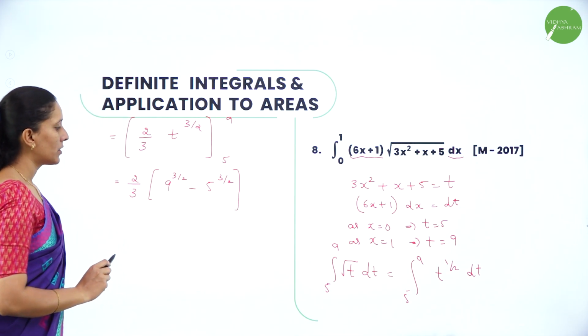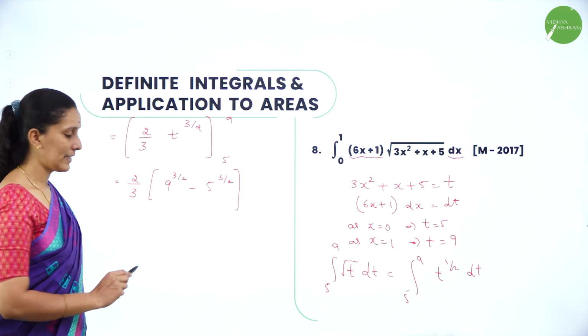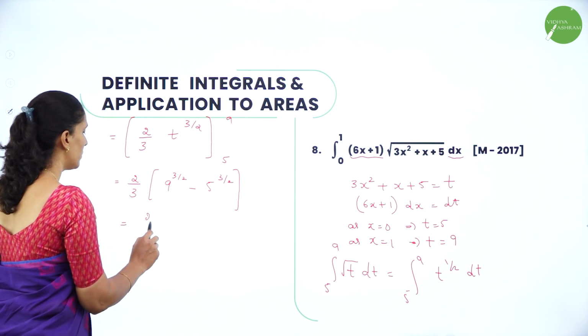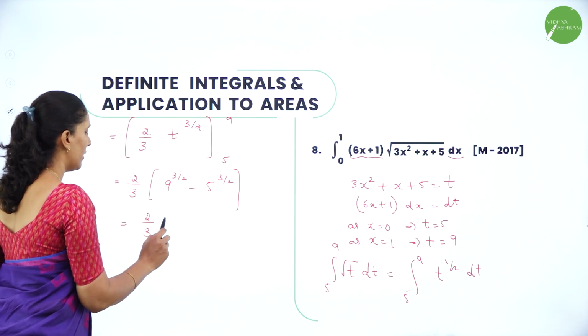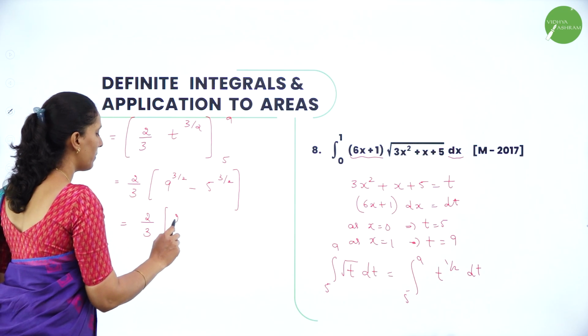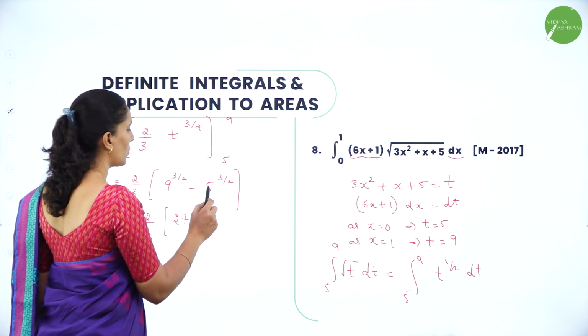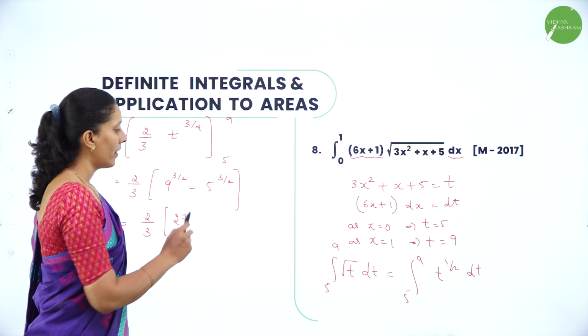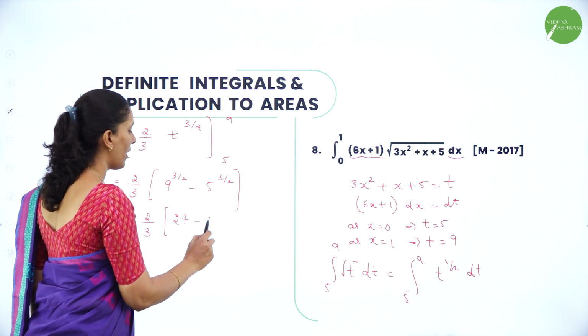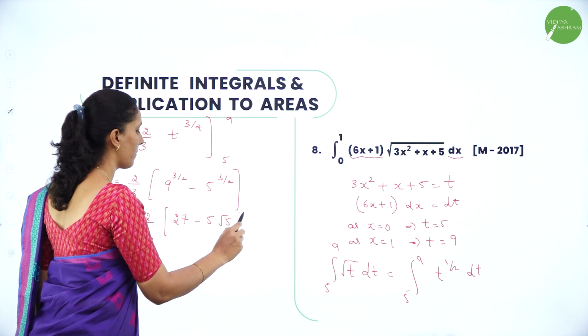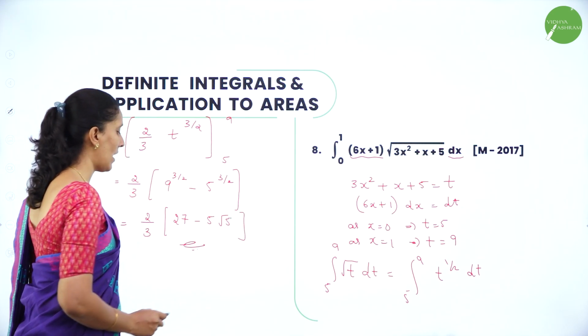So here square root of 9 is 3. So then 3 cube can be written as 27. Next we have here square root of 5 cubed, or we can write this as 5 root 5. So this is the value.